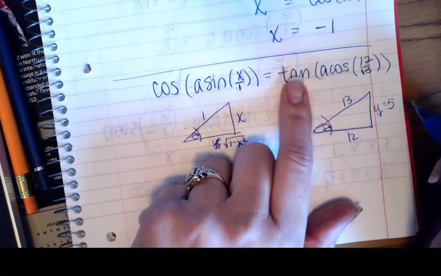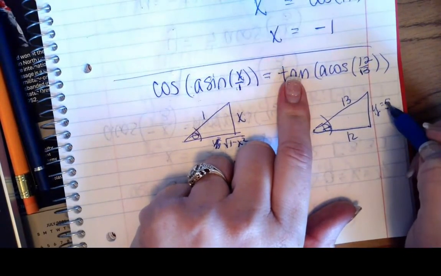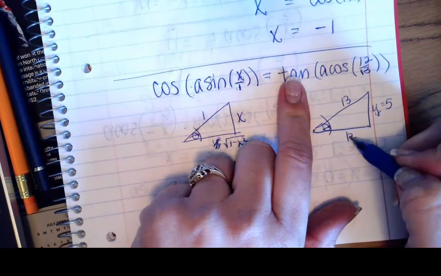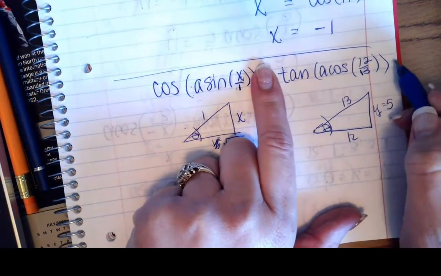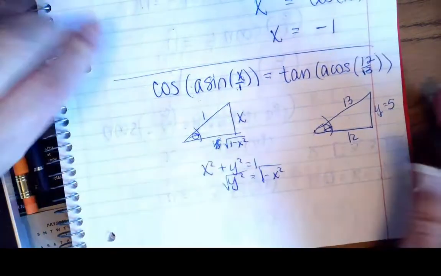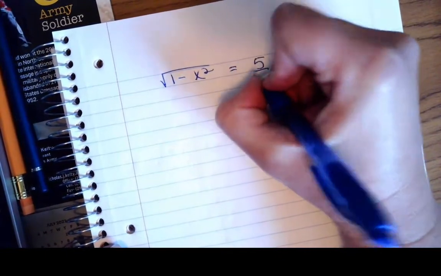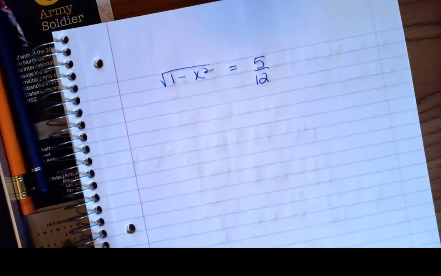Do I know what the tangent of that is? Tangent is opposite over adjacent. So this entire right side of the equation just turned into 5/12. So come on back over here. The right side is now 5/12 because I found the tangent of that angle.